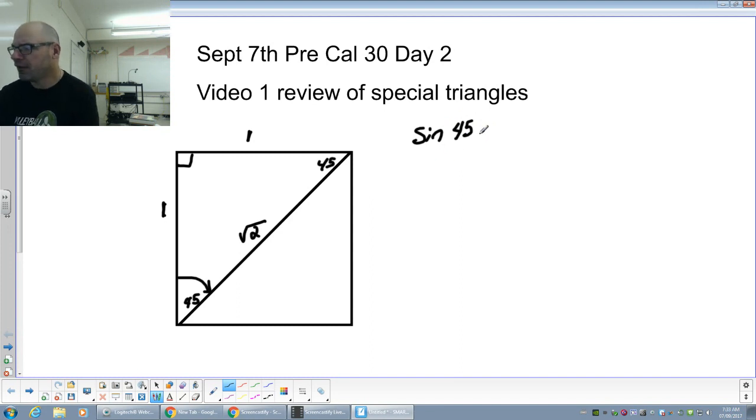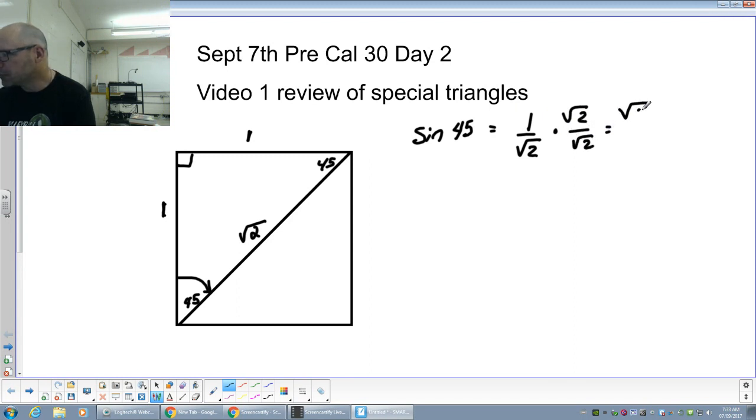okay, sine is equal to opposite over hypotenuse, so that's 1 over root 2. And we know that we have to rationalize that from Pre-Cal 20. So to rationalize it, go root 2 times root 2. So this is going to be root 2 over 2. Okay, similarly, cosine 45.